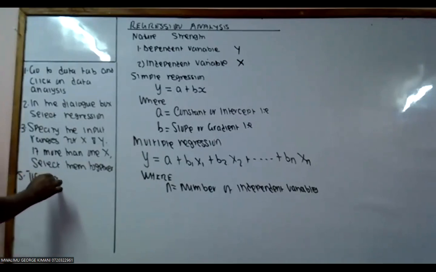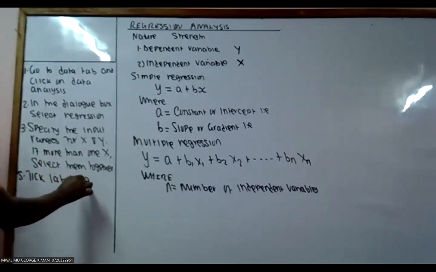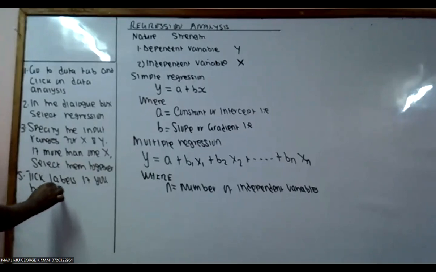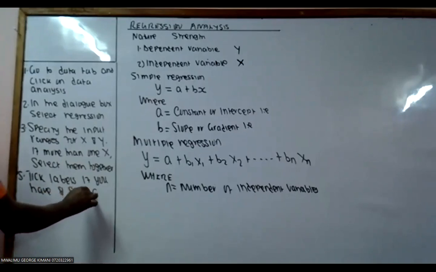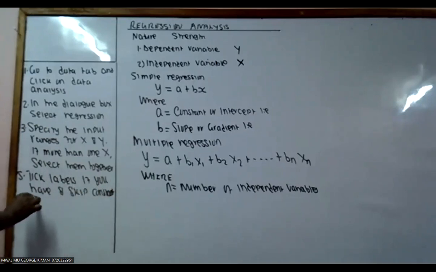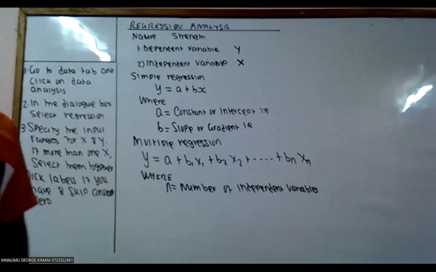Tick labels if you have. Skip constant 0.